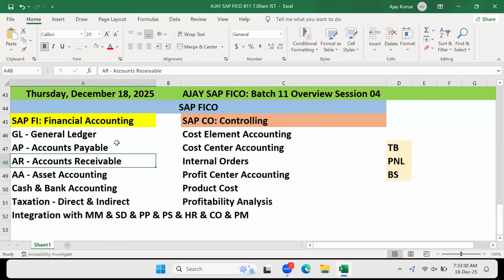In short, whatever sales you have made to the customer and the amount is not collected yet. Meaning, is it a cash transaction or a credit transaction? It is a credit transaction.